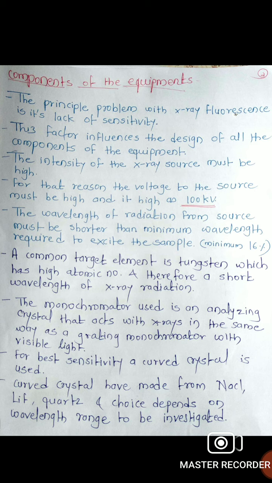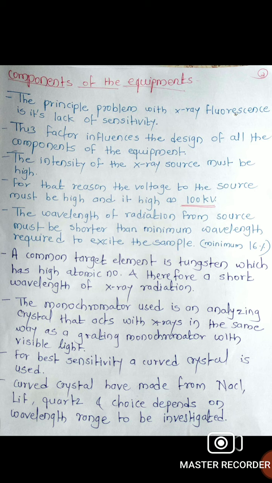Because of the lack of sensitivity, the design of all components of the equipment is very important, and the intensity of the X-ray source must be high. For this reason, the voltage to the source must be high. In fact, it may be as high as 100 kilovolt.